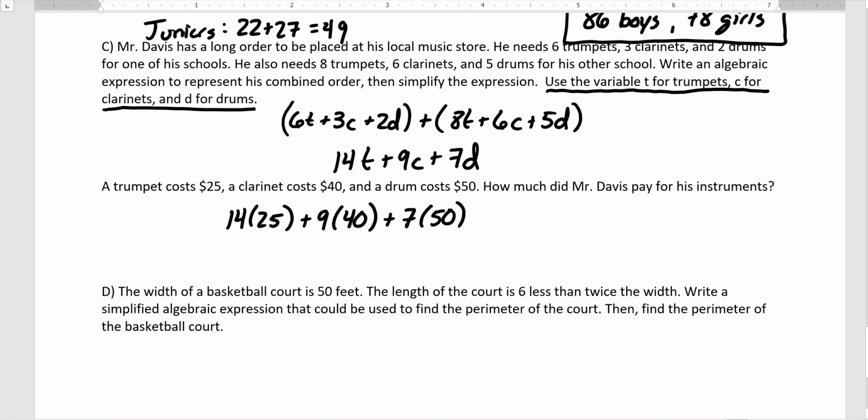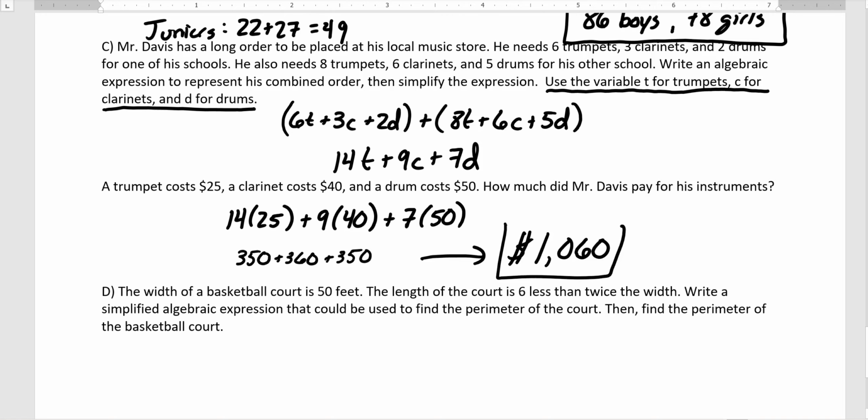Well, 25 times 12 is 300, so this is going to be 350. 9 times 40. 9 times 4 is 36, so this would be 360. 7 times 50, that would also be 350. 350 plus 350 is 700. 700 plus 300 is 1,000, so I think his total value was $1,060.